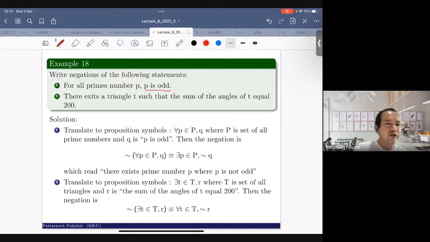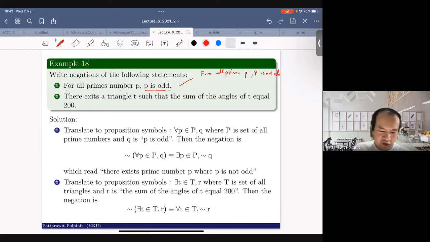What's the negation of this statement? Is it for all primes p, p is not odd?